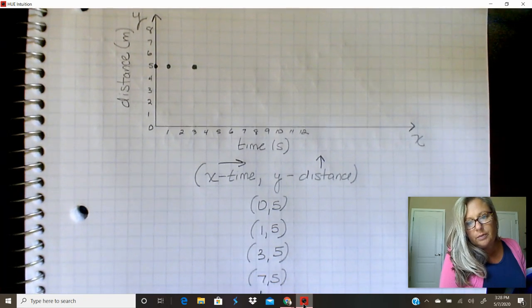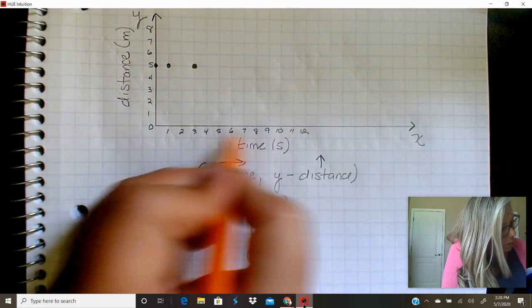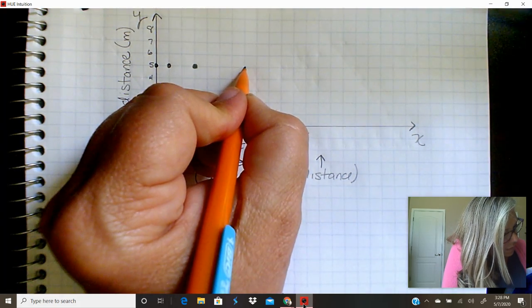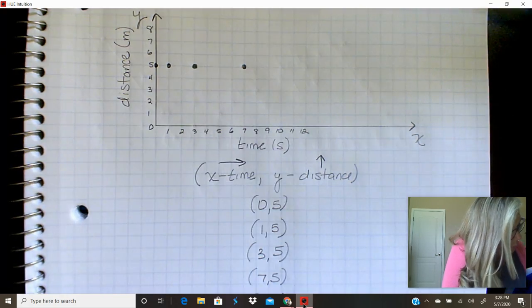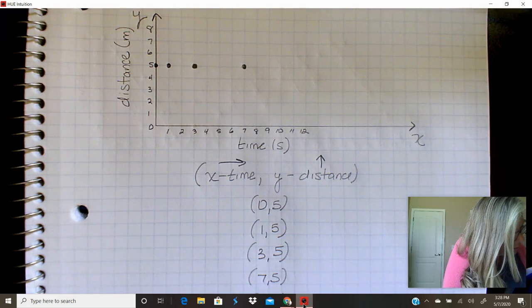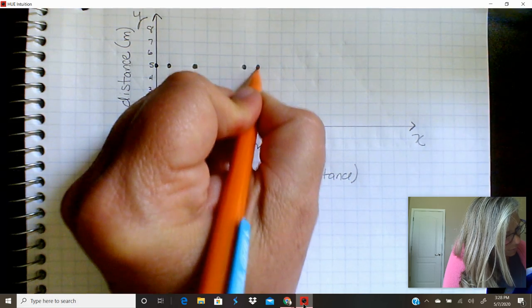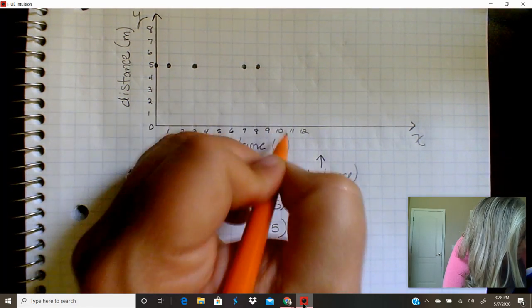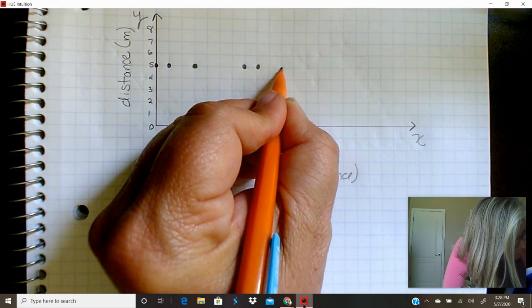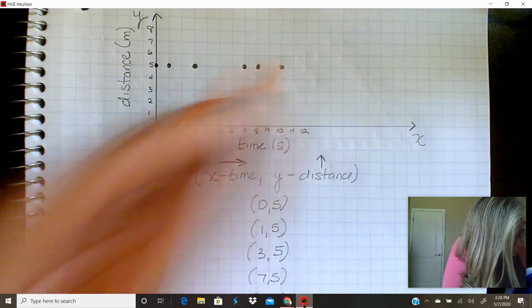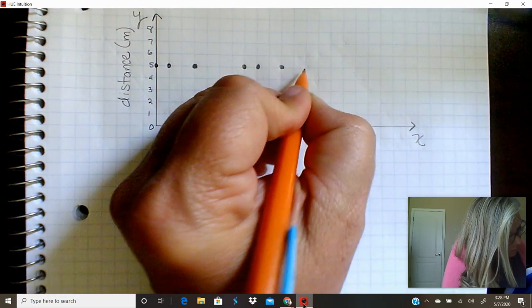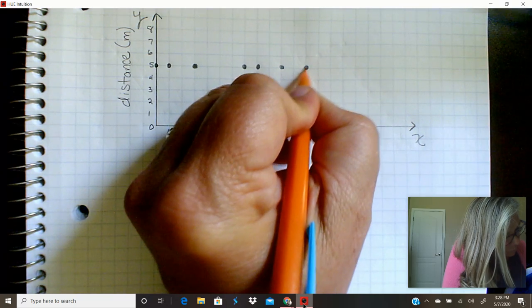At 7 seconds, what do you know? Nick was still at the 5-meter card. And then at 8 seconds, surprise, surprise, he was still at the 5-meter card. And then at 10 seconds, he was still at the 5-meter card. And then I stopped collecting data at 12 seconds.